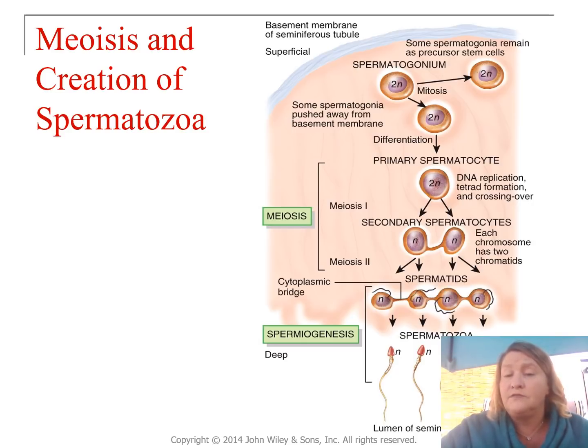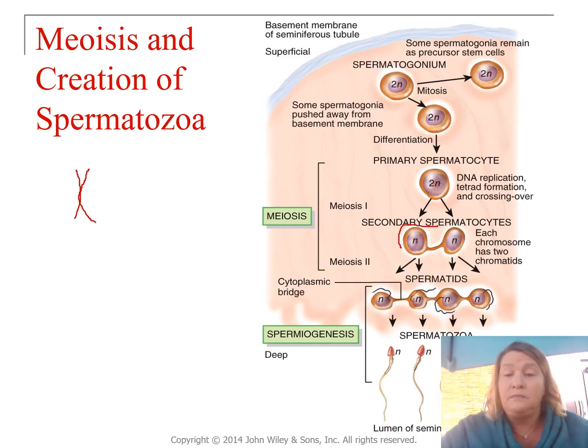Again, 2N makes 46 chromosomes. Undergoes meiosis 1. You have the secondary spermatocytes, and remember those secondary spermatocytes are those two chromosomes, but there's half of them. It takes meiosis 2 to divide these two cells.